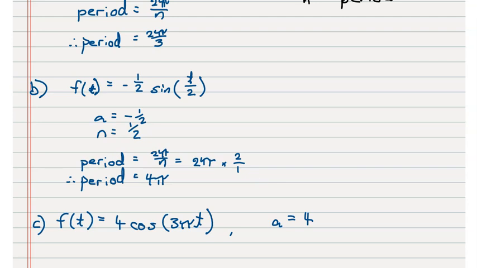And because it's a cosine, it's going to start off at 4, and it will go down to 0, then down to negative 4, then back up to 0, and back up to positive 4, finishing there.